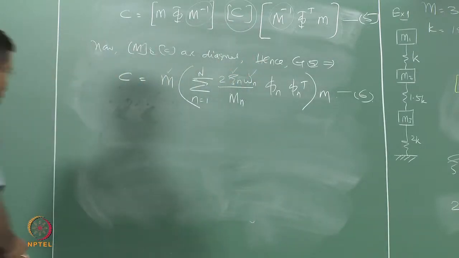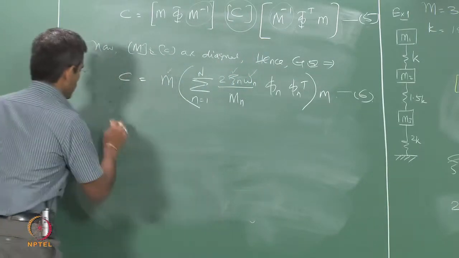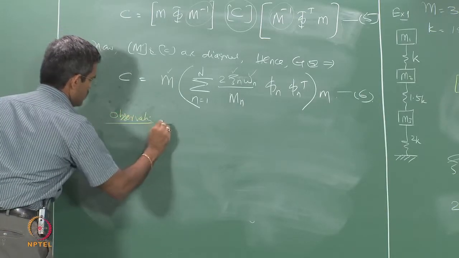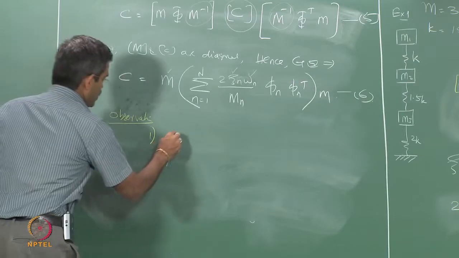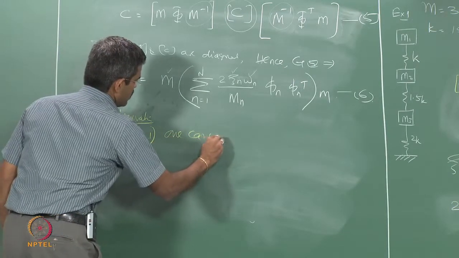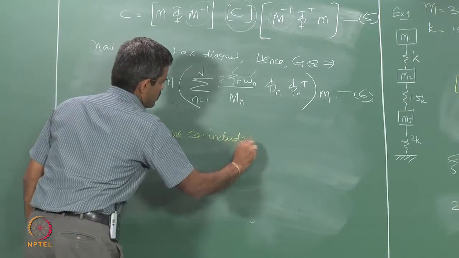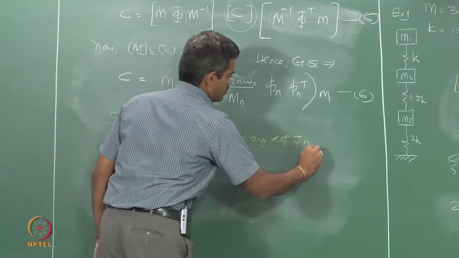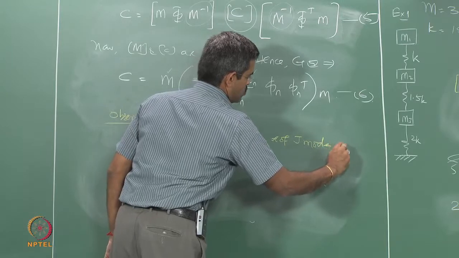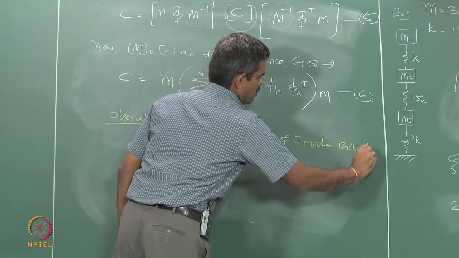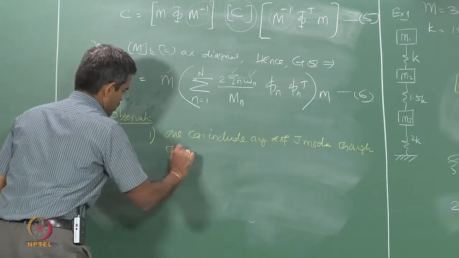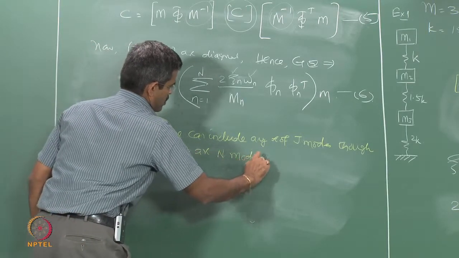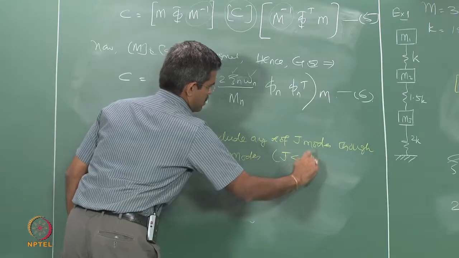It has got a very important advantage. Let us say observations. One can include any number of J modes, though there are n modes, J is less than n.